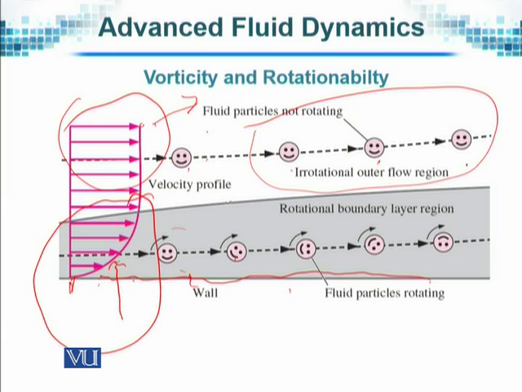There is a region, reflected by the gray area, which is called the boundary layer. Within the boundary layer, viscosity is showing its effect, and rotation is also taking place. But as it moves sufficiently away, it becomes non-rotational, or irrotational.